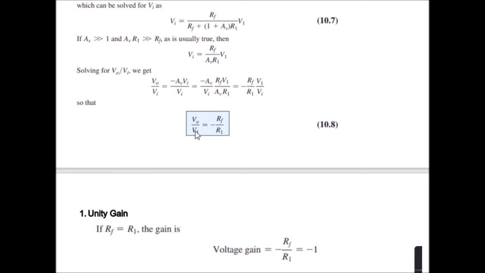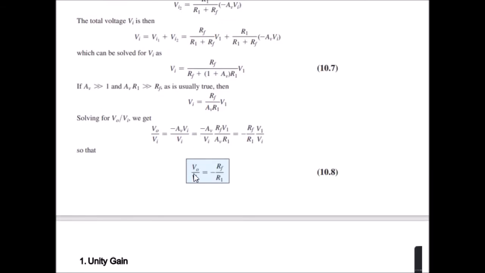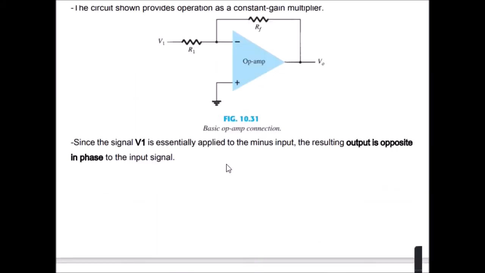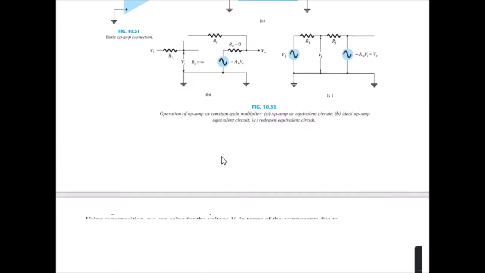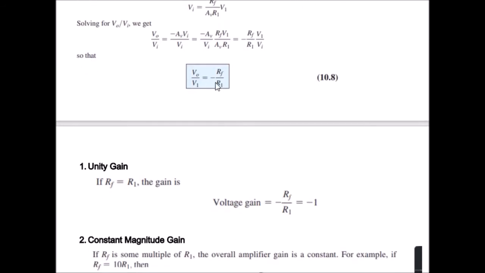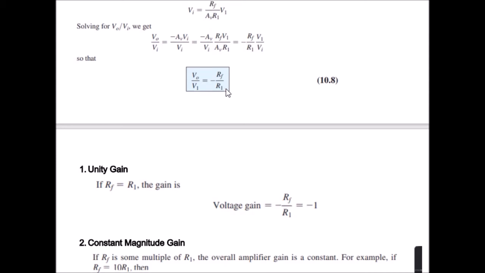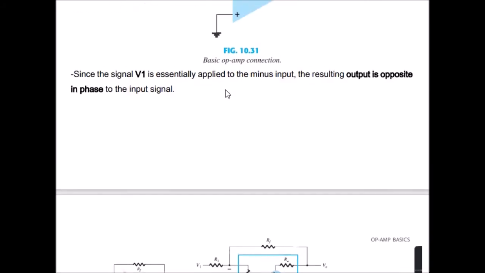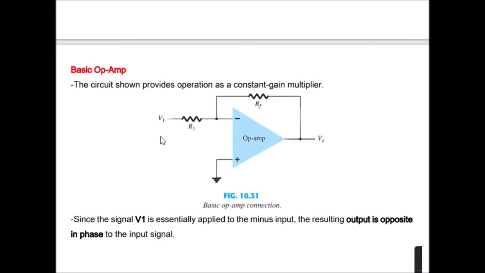So, ibig sabihin, because this is an amplifier, op-amp, ito yung gain niya. Kapag ganito daw yung configuration or yung circuit natin, meron siyang gain na equal to negative RF over R1. Alright? So, kapag ganito, hinanapan ka ng gain, this is just negative RF over R1.